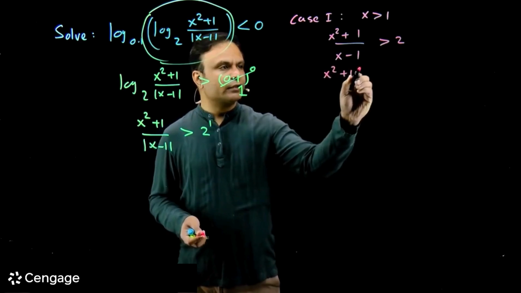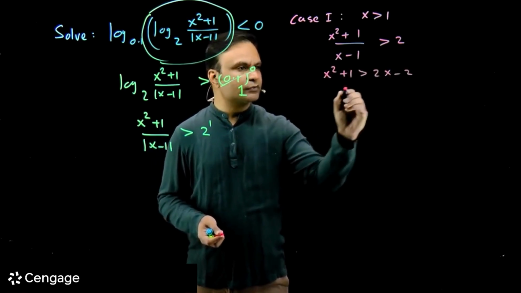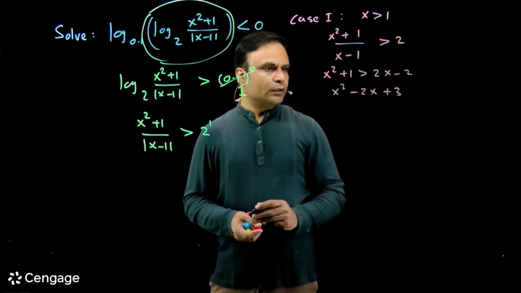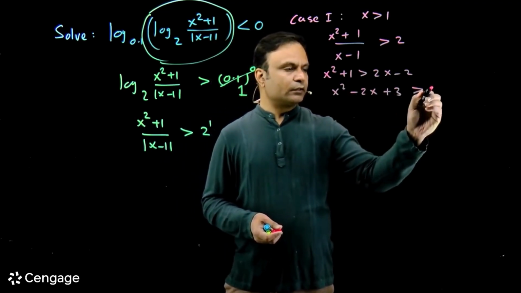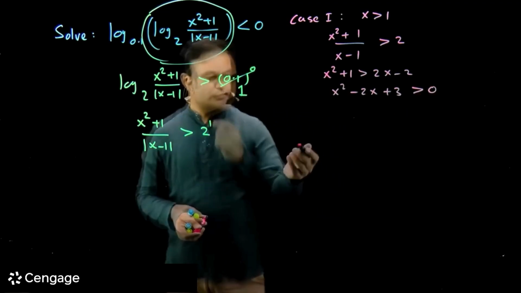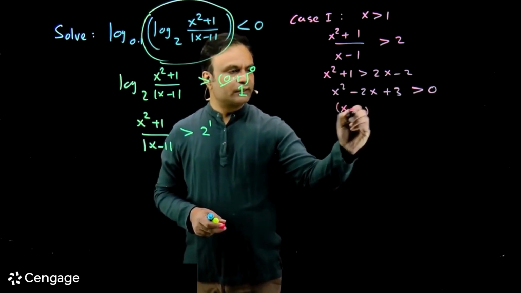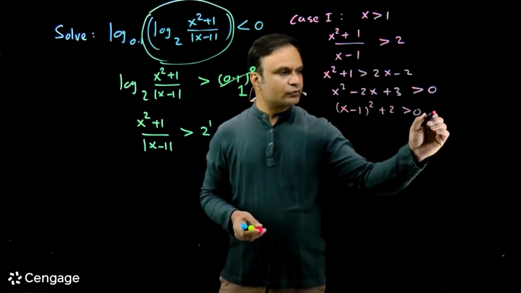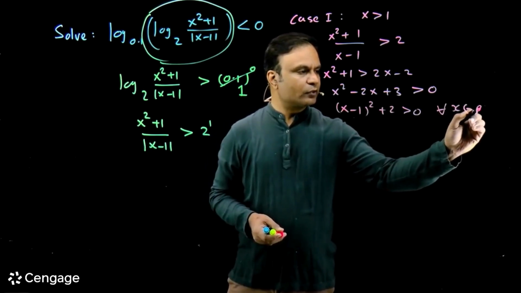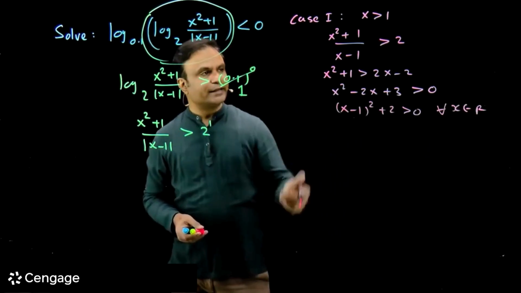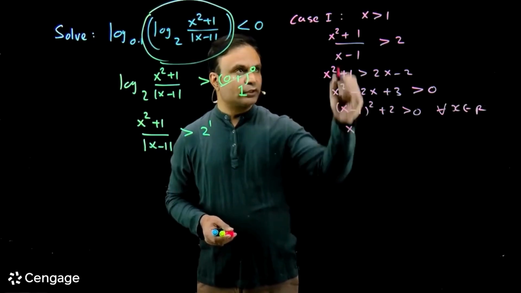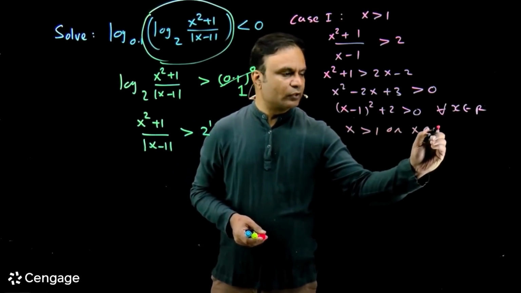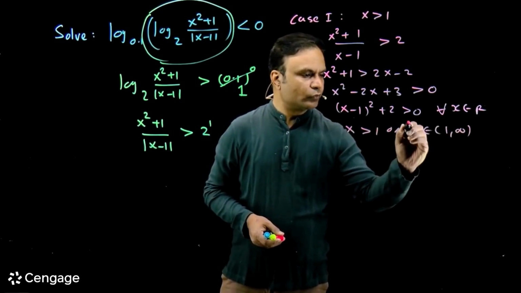We have x square plus 1 greater than 2x minus 2, or x square minus 2x plus 3 greater than 0. So we have (x minus 1) square plus 2 greater than 0, and this is always true. This is true for all x belongs to R, but we have x greater than 1. So solution from this case is x greater than 1, or x belongs to (1, infinity).